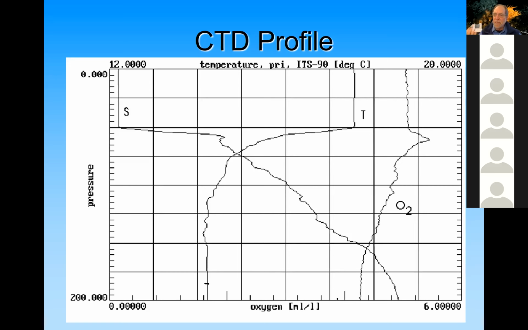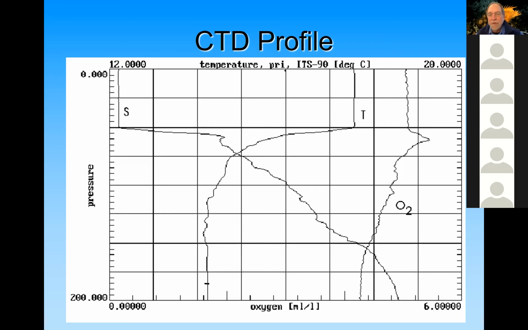Now, I'm going to introduce a term which I've already sort of thrown around, which is the idea of the water column. And many of you have heard this already, but the water column refers to a continuous shaft of water going from the surface to the bottom.